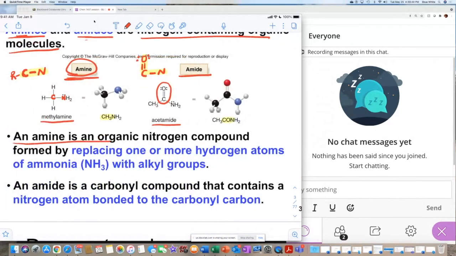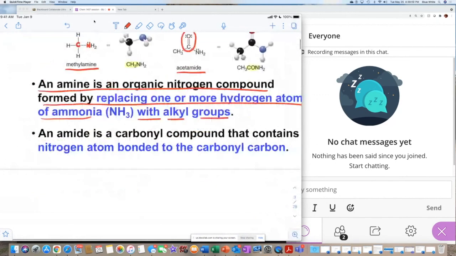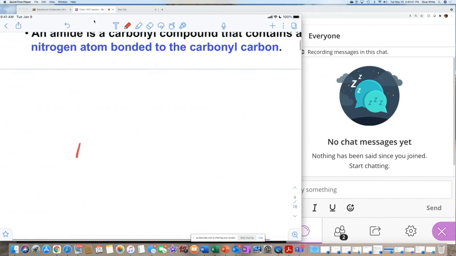An amine is an organic nitrogen compound formed by replacing one or more of the hydrogen atoms of ammonia with an alkyl group. So what we're looking at here is, if you know the structure of ammonia, ammonia has a structure here, N, H, H, H, and a lone pair. This is regular ammonia, NH3.